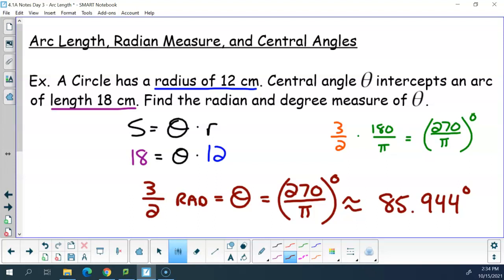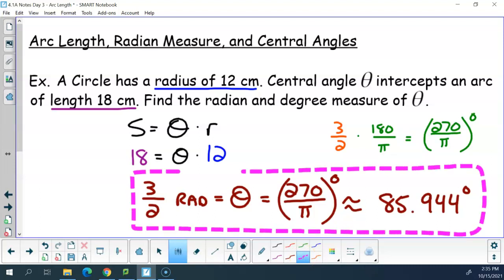But the equal sign down there, is that just to minimize work? Well, because it asks for both. Is 3 halves radians equal to 85.944 degrees? Yeah, that's what we just said. Because it asked for both. In the directions it said find the degree and the radian, so we had to find both.